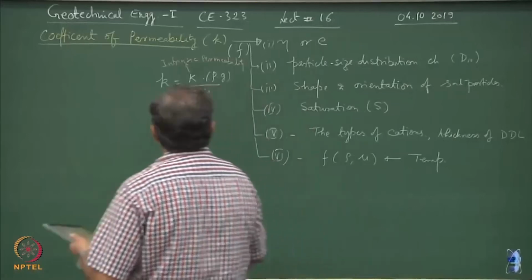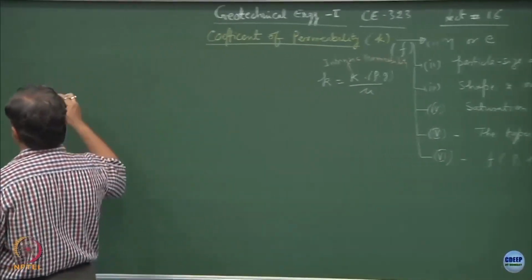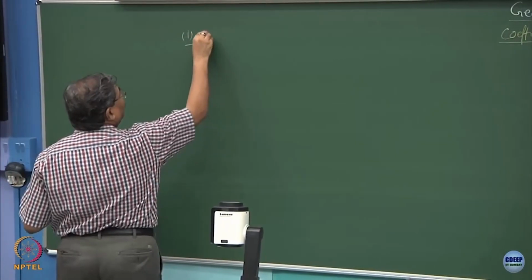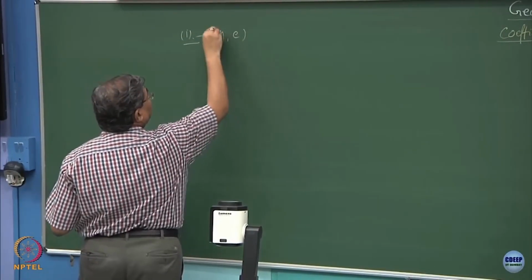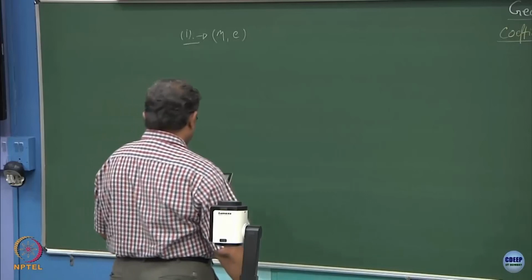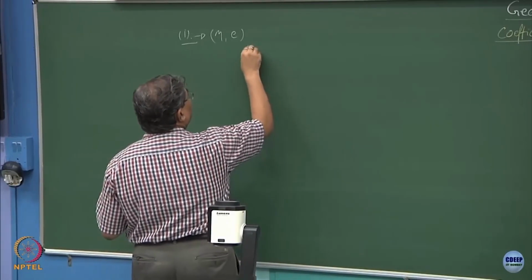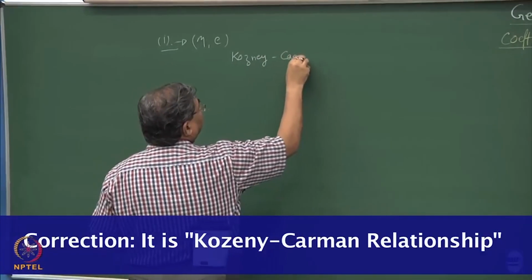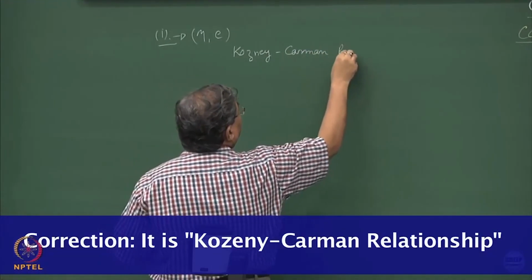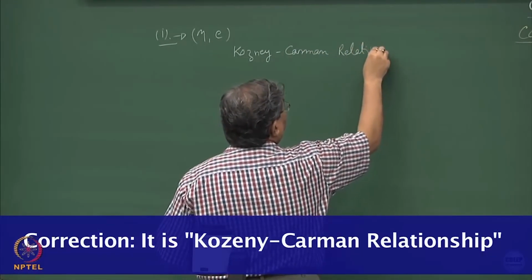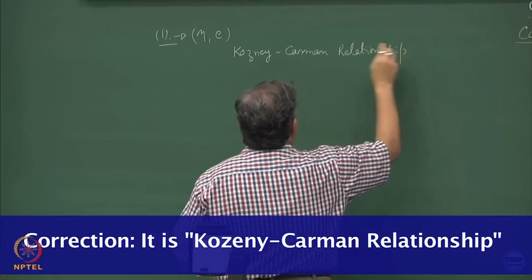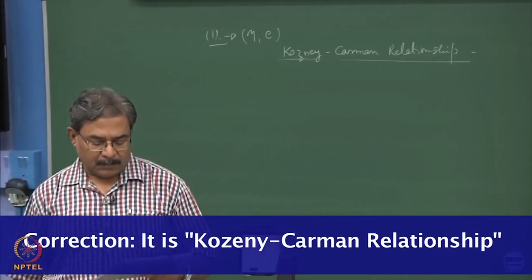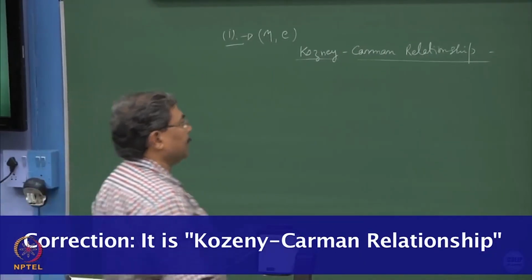So, the first parameter, if you want to understand what is the influence of the porosity or the void ratios, this is what is known as the Kozeny-Carman relationship. This relationship is valid for mostly coarse grained materials.